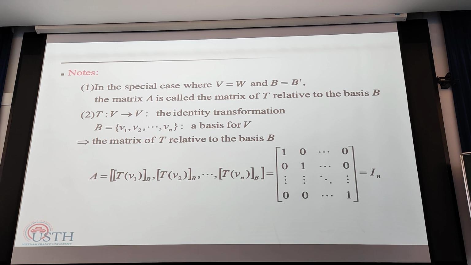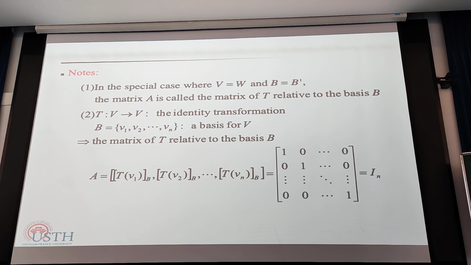And because domain and codomain have the same basis, we say the matrix of T relative to the basis B. We don't have to say relative to the bases B and B prime because now we have only one basis on both sides.